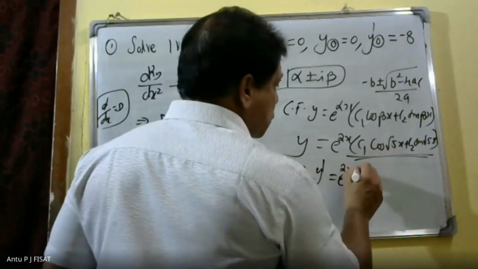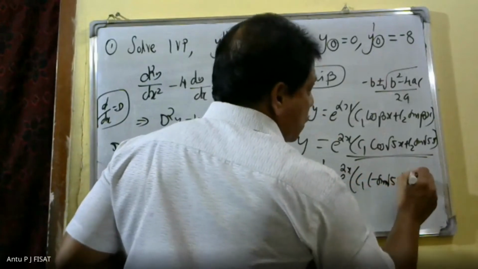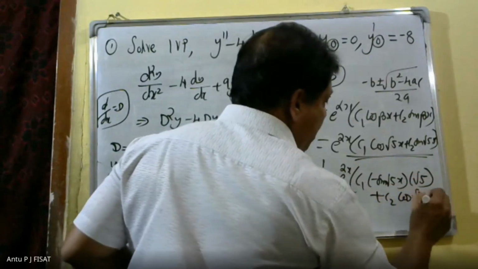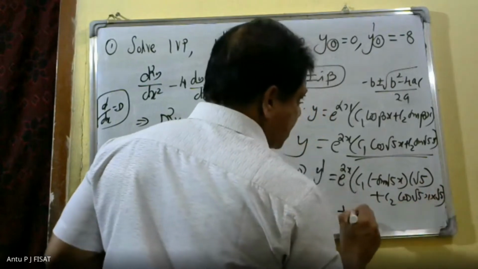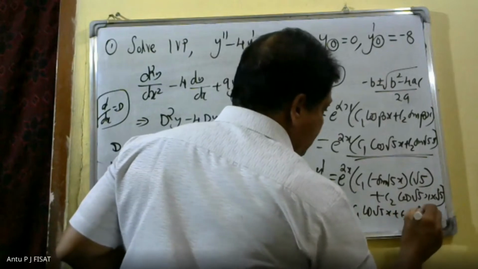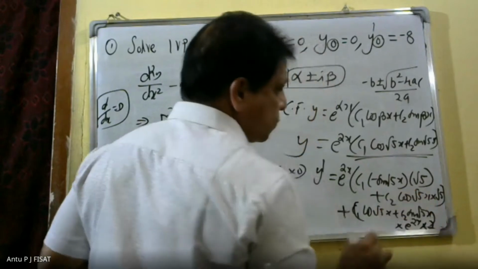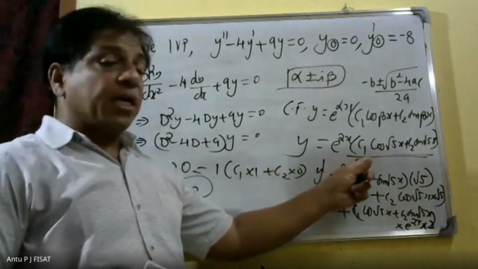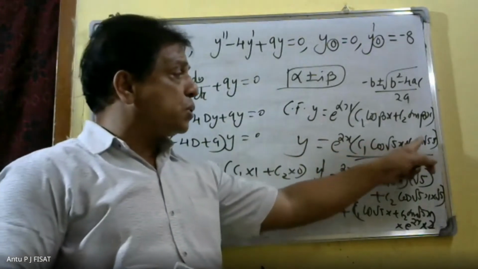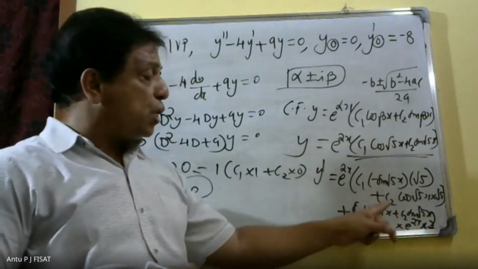E raised to 2x is the first function, and c1 cos root 5x plus c2 sin root 5x is the second function. The derivative is first function into derivative of second plus second function into derivative of first.